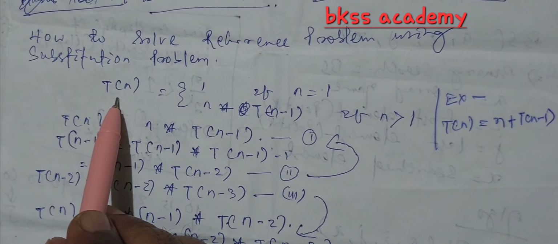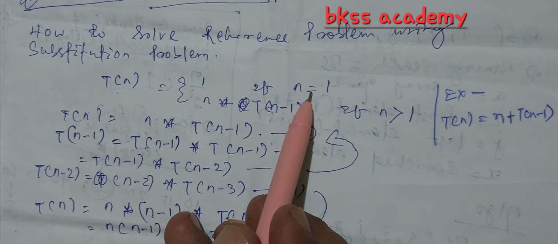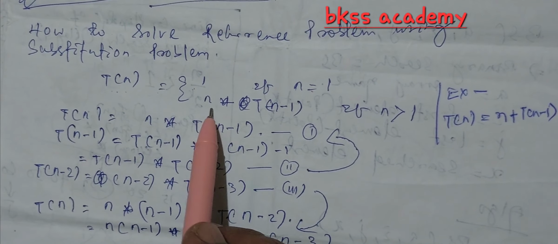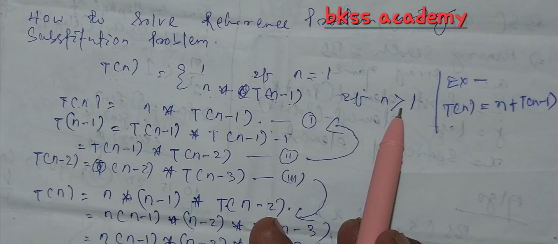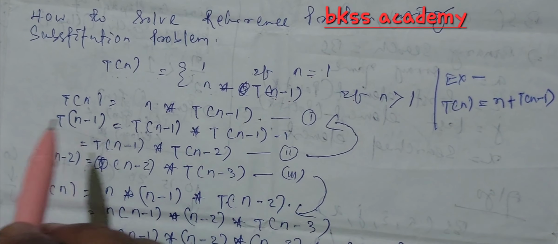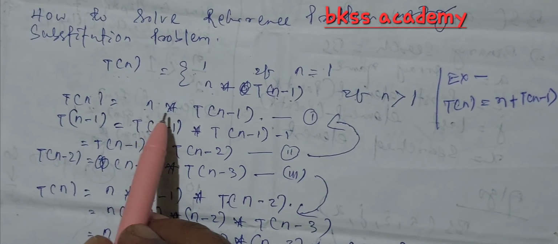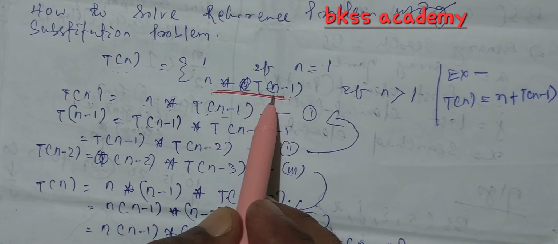Suppose the function is T(n) equal to 1 if n is equal to 1, otherwise n into T(n-1) if n is greater than 1. This is one of the problems. So first, T(n) is equal to n into T(n-1), as written in the question.